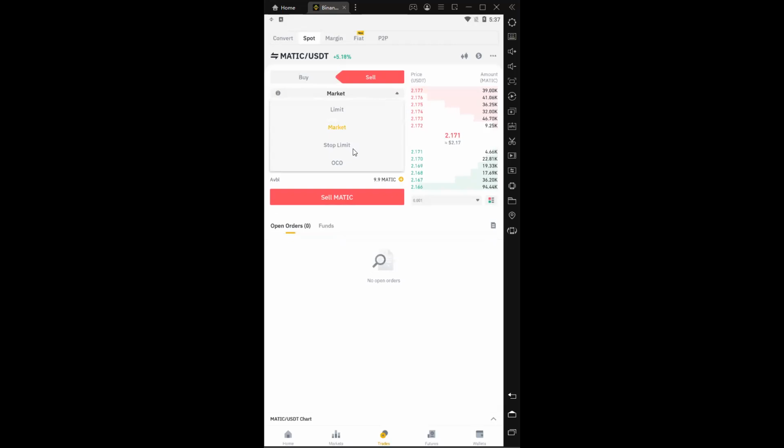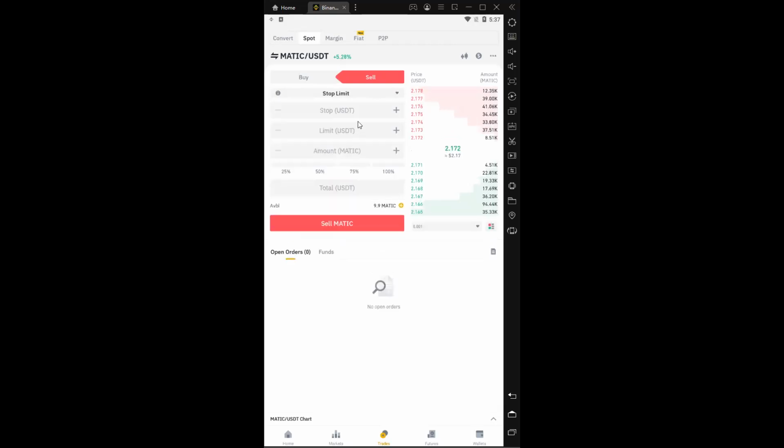So stop limit works when you want to sell off a coin if a particular price is reached. So you want to sell off Matic if Matic reaches $2. Matic is currently trading at 2.1172.